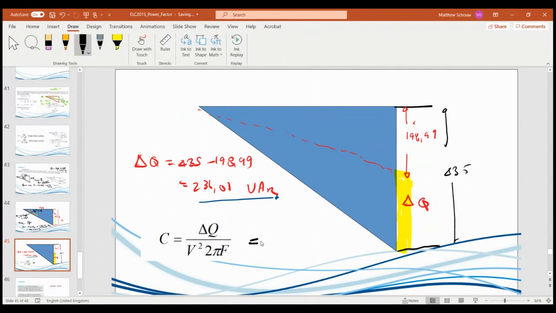So it's changing Q over V squared times 2 pi f. 40.066 farads?